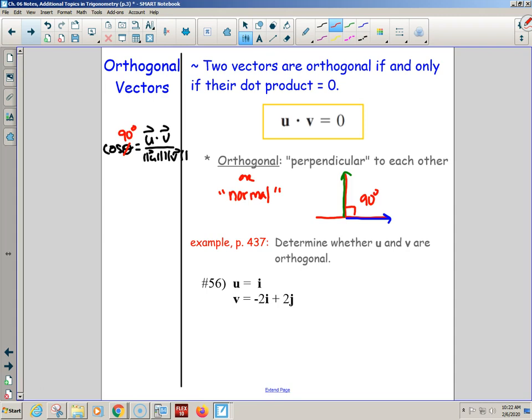Cosine of 90. Wait, we know that. What is cosine of 90? 0. So that's 0. Multiply the magnitudes up. They don't matter. What matters is the dot product. All I need to know is the dot product. I don't even have to plug into this formula and see if it's 90. I just get to say if the dot product is 0, they're perpendicular.